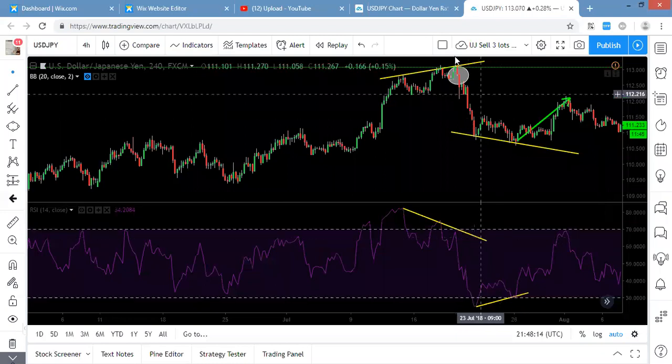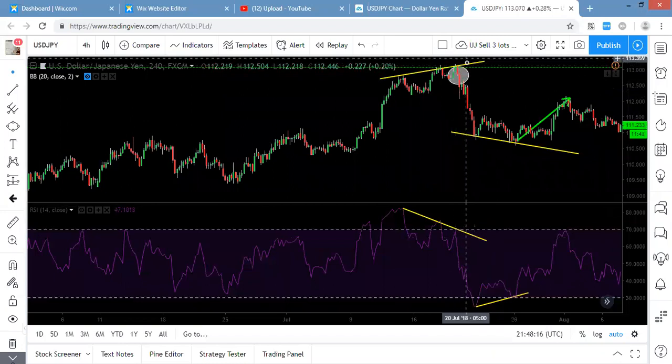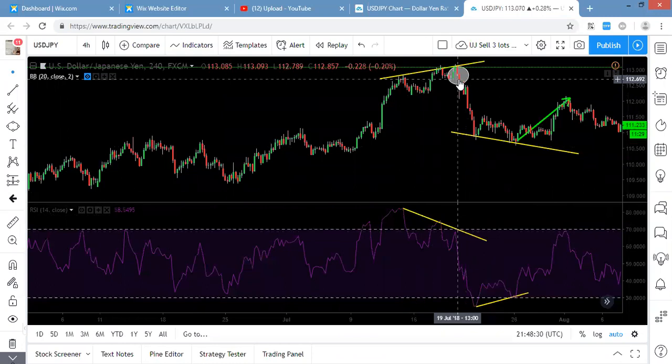So if I have a resistance up here, in this zone above these peaks, and I'm seeing bearish divergence, that's a good indication that I should get into the trade, right? And if I also start seeing a big red candle, I should enter on a sell, okay? And with divergence, 9 times out of 10, eventually, once it gets to a certain point, it's going to play out. It just takes a little bit of time sometimes.